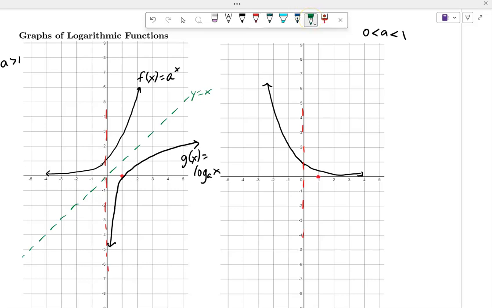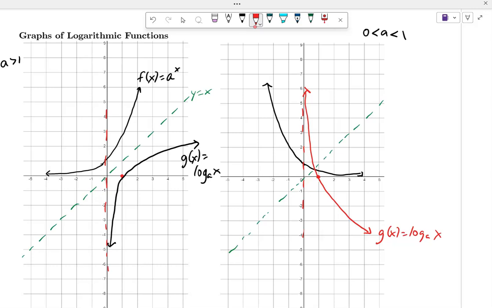And again, we're going to reflect about the line y equals x, which is that line right there, right? And now this one looks a little bit different. I am going to draw this one in red just so that we can see it a little bit better. This one's going to come down this way and go that way. So this is going to be your log base A of x.